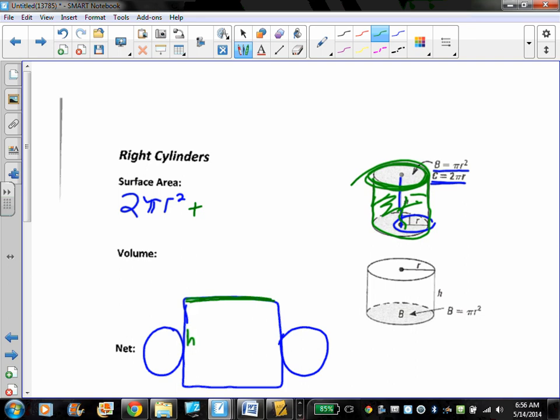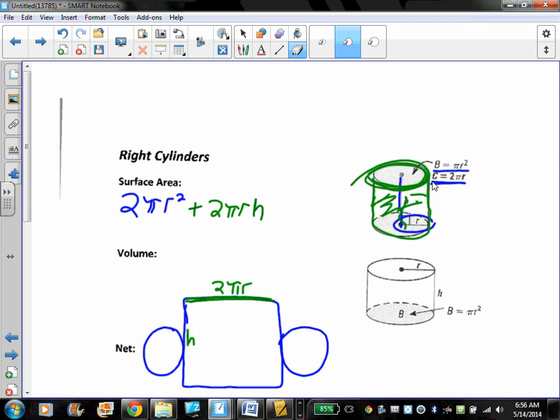So, that top dimension of that rectangle is the circumference, 2 pi r, which means that the area of the rectangle is 2 pi r times h, the height of the cylinder. And when you combine those parts together, you have the surface area of the cylinder.